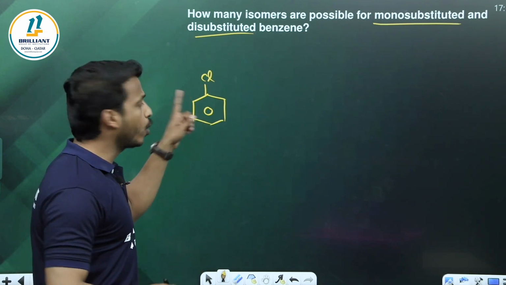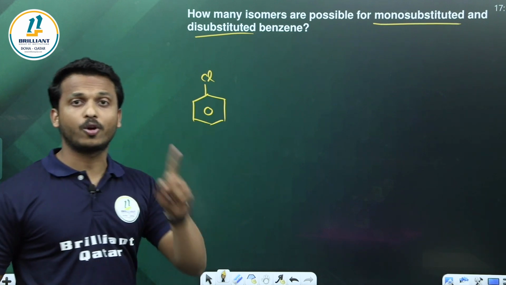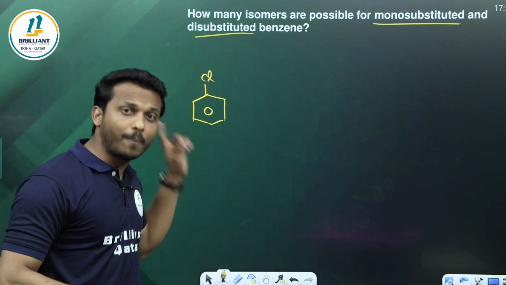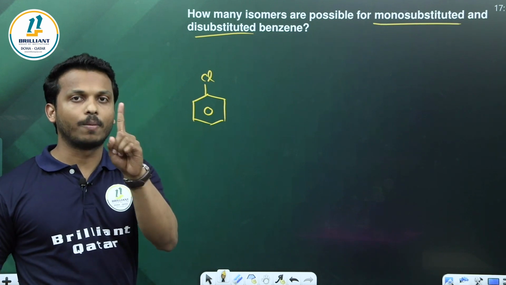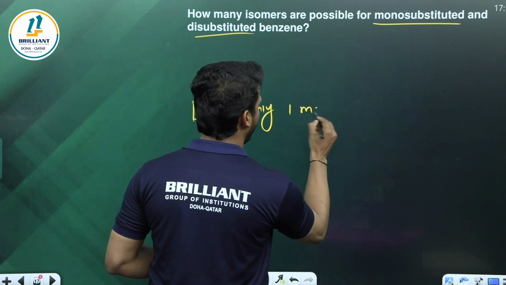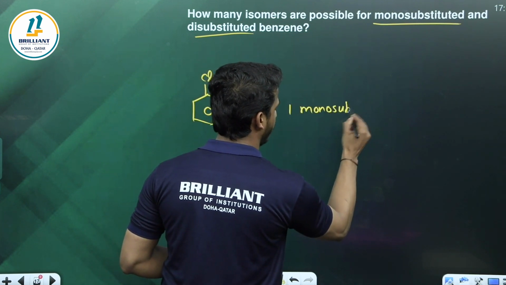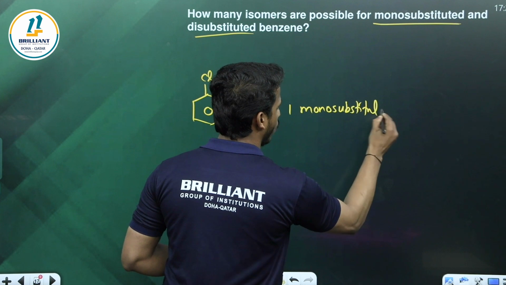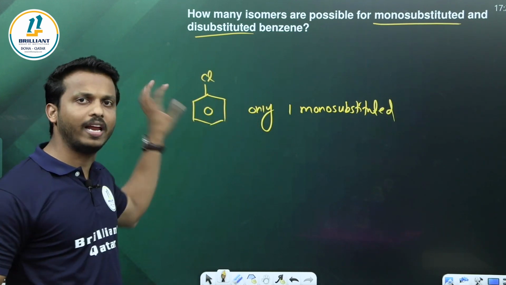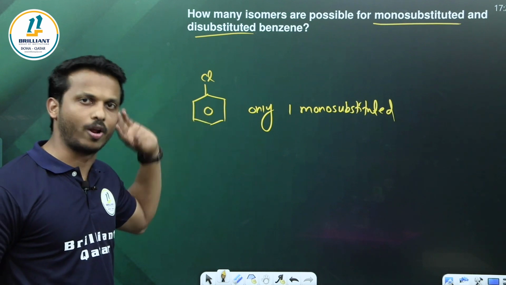This is mono substituted because it contains only one substituted group, chlorine. So for benzene, you can get only one mono substituted product. If you put chlorine on any other carbon, you will get the same product.